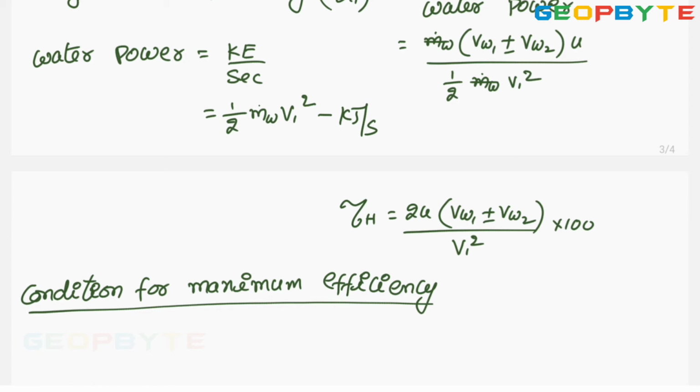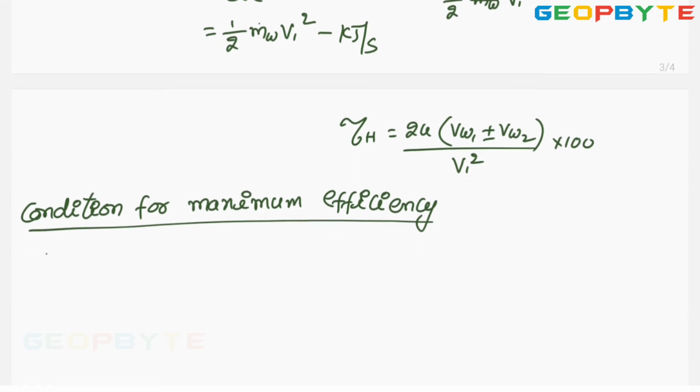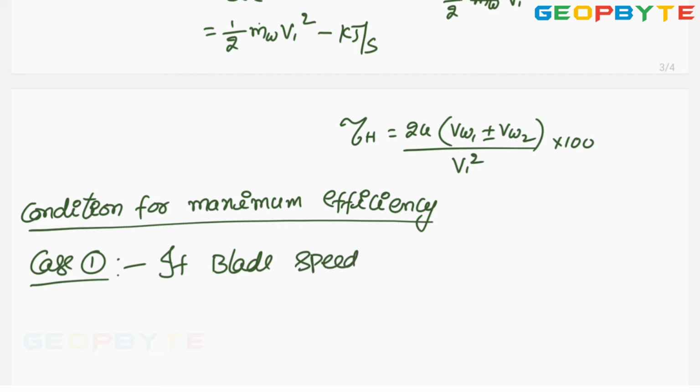Case 1, if blade speed u equal to 0, even if the jet is acting, the turbine is not rotating. Then work done equal to 0. If work done is 0, hydraulic efficiency equal to 0.